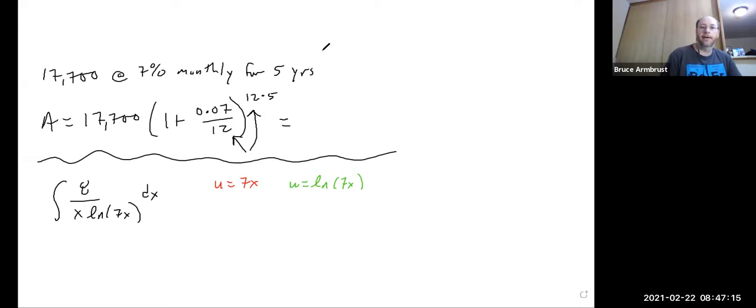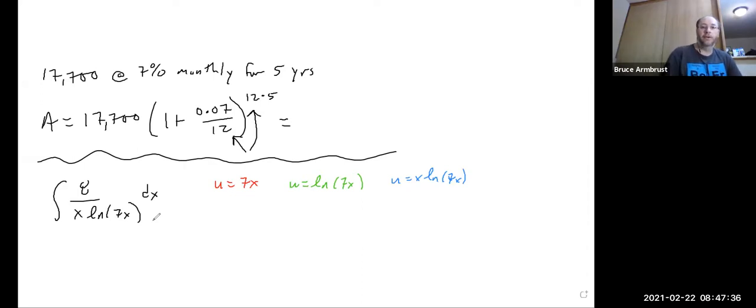And a third possible choice could be x natural log of 7x, right? The whole thing on the bottom, because then we just have u. So I would say that those are probably the most likely choices for you.